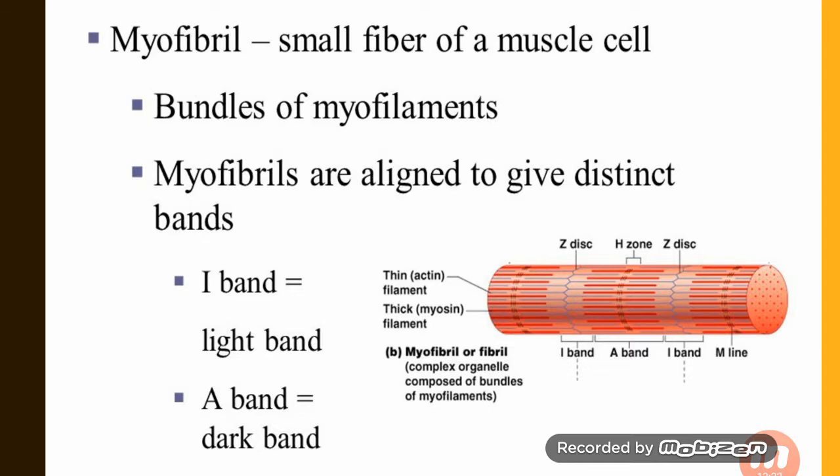The I band is the isotropic band, which can accept the light and shows its results. So the I band, the isotropic band, cannot polarize the light.